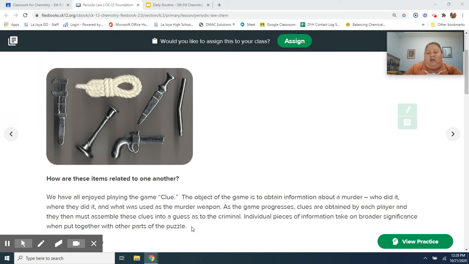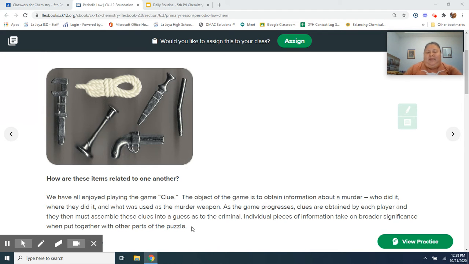And then it gives you more and more clues so that you're able to guess who committed the murder and how they did it. They always say it was John in the drawing room with the candlestick, or it'll give different names, and say it was this person and they used a rope to kill them, or this person and they had a gun to kill them.